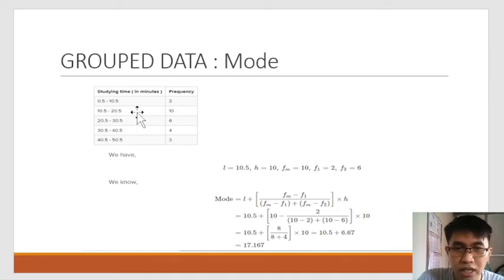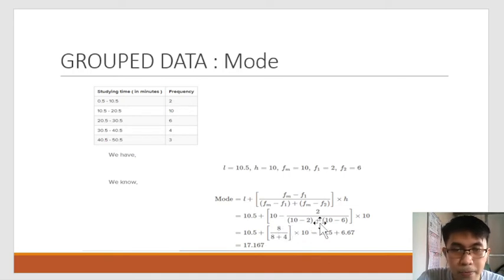But the question is, baka ipahanap sa atin yung exact mode doon sa mismong modal class, kailangan po natin gamitin yung formula na in-illustrate ko po kanina. So, substituting yung L, the lower limit of the modal class is 10.5. Yung Fm is the frequency of the modal class, that is 10.